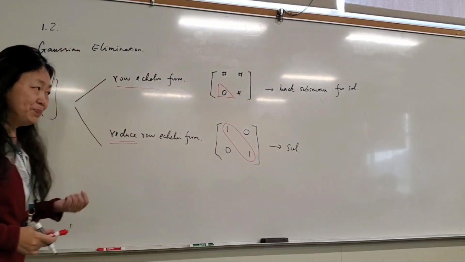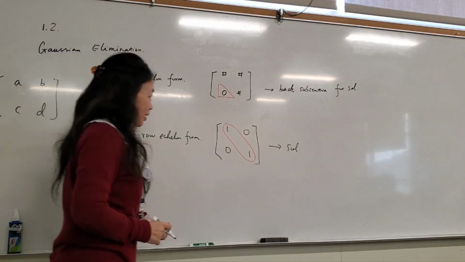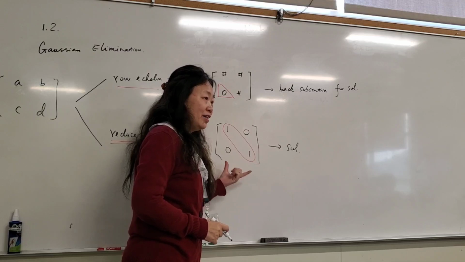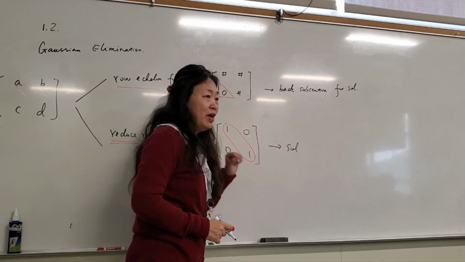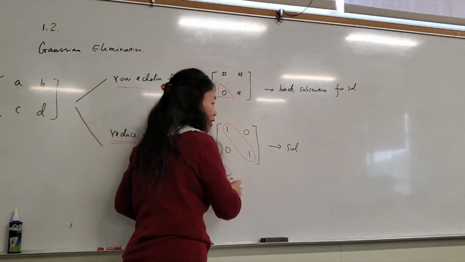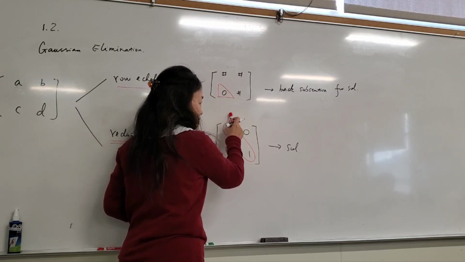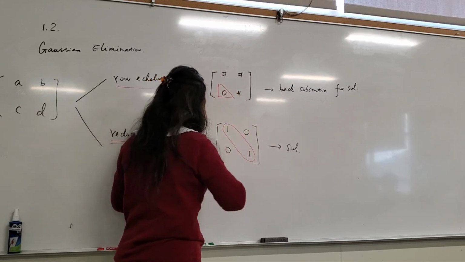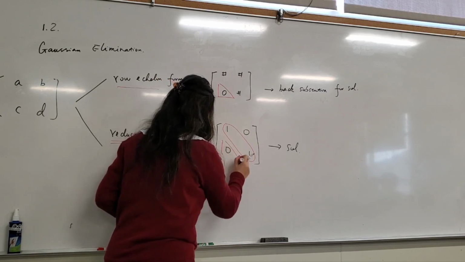So most people prefer this one because it gives you a solution right away. But this one is very easy to make a mistake with, okay? And this one has less chance of a mistake because you only need to create a lower zero triangle.